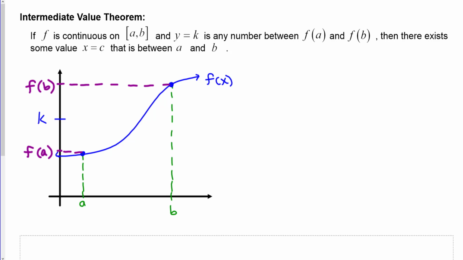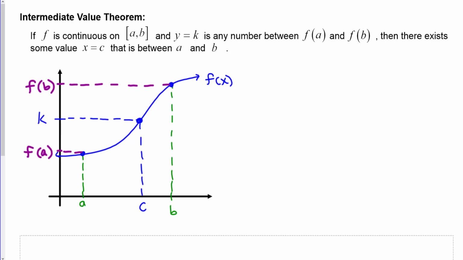As long as this function is continuous and k is between these two values, then there has to be some number c that exists between a and b. That's all this theorem says. And it should be rather intuitive. You can try different points, but it just means there is always an x and y pair somewhere between these two particular values.